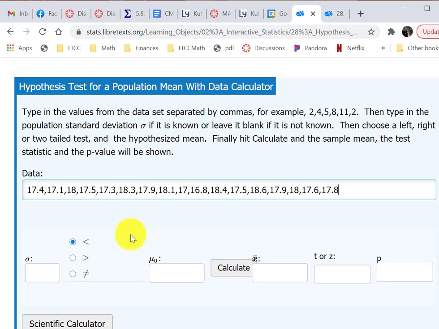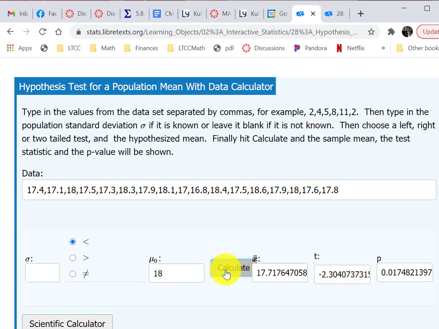Our alternative hypothesis was a population mean less than a number. So less than is correct here, so I click on less than. Our mu naught, that's what's on the other side of the inequality, was 18, because that was my hypothesis.